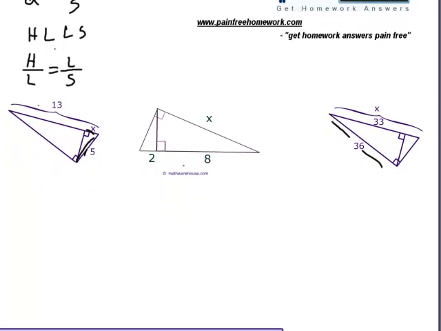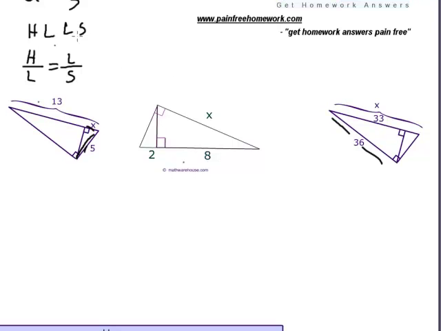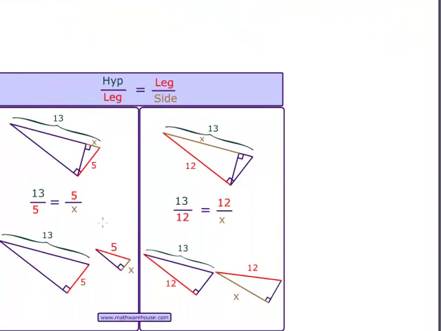Now let's look at a picture that shows you how hypotenuse leg side, HLLS, really does set up a set of corresponding sides of similar triangles. Let's look at this triangle here. 5, 13, we're trying to find x, and HLLS says that the hypotenuse, or 13, of the giant outer triangle over its leg of 5 matches or corresponds with 5, or the hypotenuse of the little triangle, over x.